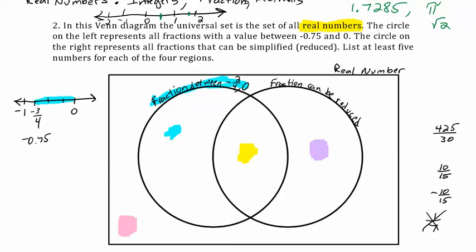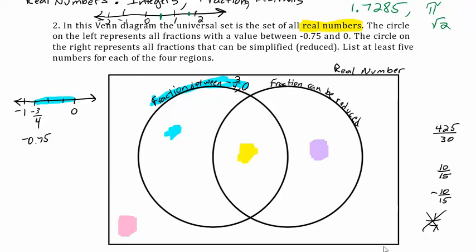The blue region is going to be a fraction between negative 3/4 and 0 that cannot be reduced. The yellow region has to meet both these criteria. So it has to be between negative 3/4 and 0, and it can be simplified. The purple region has to meet this criteria, but not the other one. So the purple region has to be a fraction that can be reduced, but not between negative 3/4 and 0.